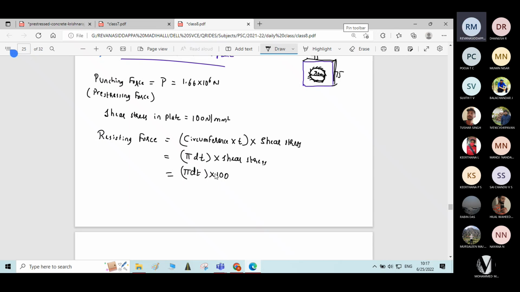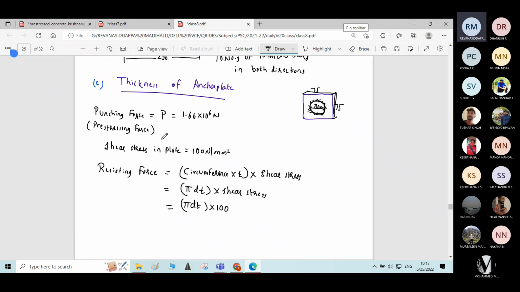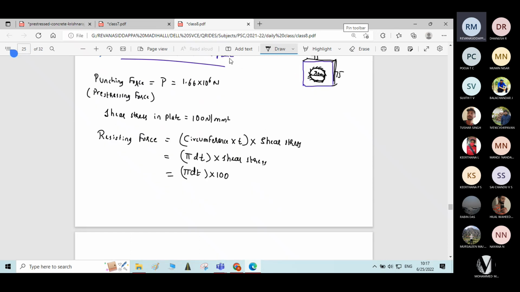Now, whatever punching force is acting on the plate, it should be equal to the resisting force, and only then will the plate be in a safe condition.